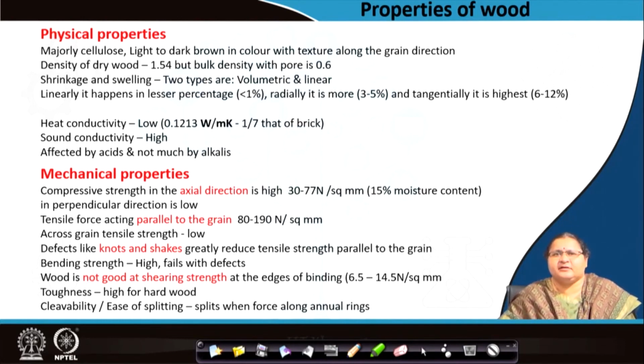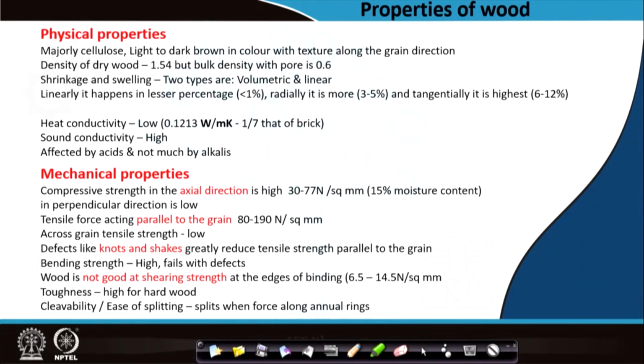Shrinkage and swelling, yes, it shrinks, it swells by absorbing moisture or giving out moisture, and it may be in the volumetric direction or it may be in the linear direction. So, when it is in the linear direction, it is much lesser in percentage, but in the radial direction, that is if it is a cross section direction, then it is next, but tangentially it is the highest.